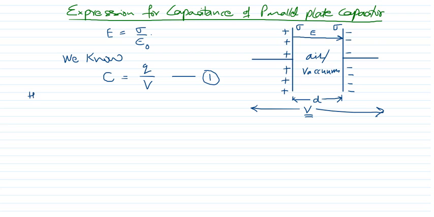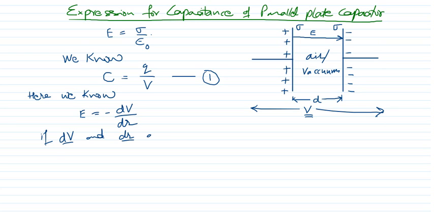Now here we know another formula. What we know? We know E is equal to minus dV upon dr. If dV and dr are constant, means they are not changing, in that case, this formula will become E is equal to V upon r.